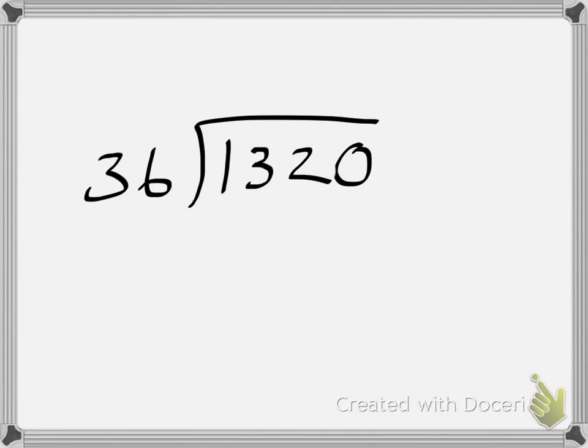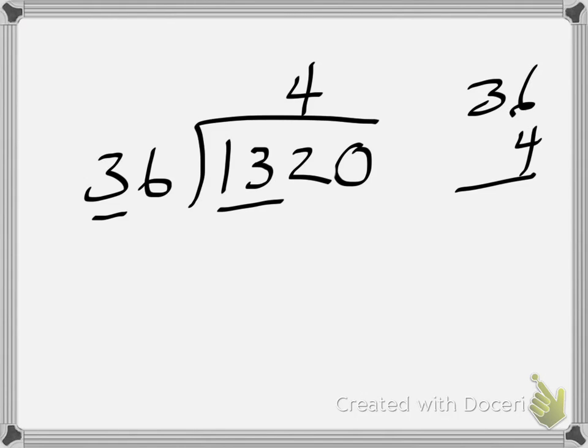So we're just actually going to go and do 3 into 13. 3 times 4 is 12. So it'll probably go in there 4 times. So 36 times 4, that gives us 24, carry a 2. 4 times 3 is 12, 13, 14. So we can see that is going to be a little bit too large.